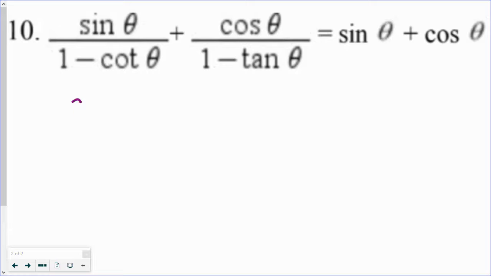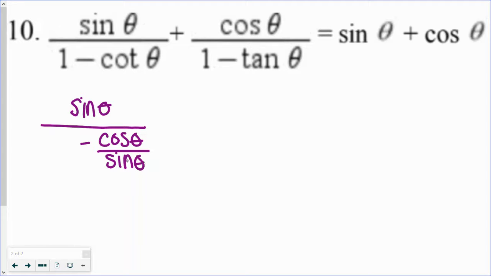This first fraction is sine theta over cotangent, which is cosine over sine. And the number 1 can be written as sine over sine. I'm writing it this way so that I can combine these two together.